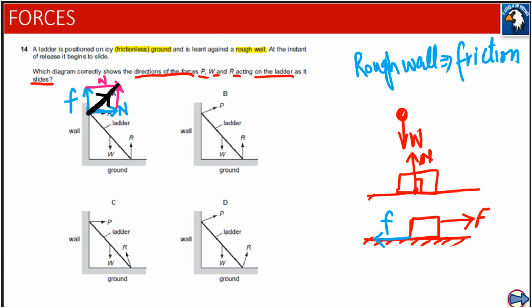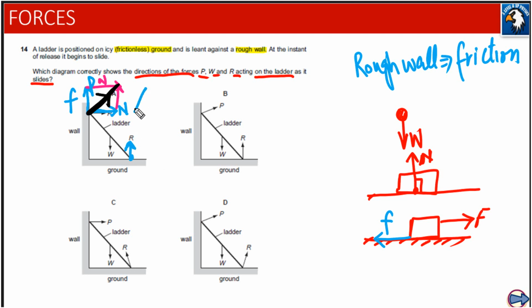The normal reaction force at the other point is quite straightforward. It has to be at an angle of 90 degrees to the surface. So this has to be the direction of P and this has to be the direction of R.